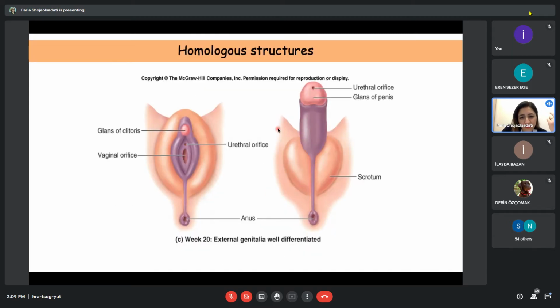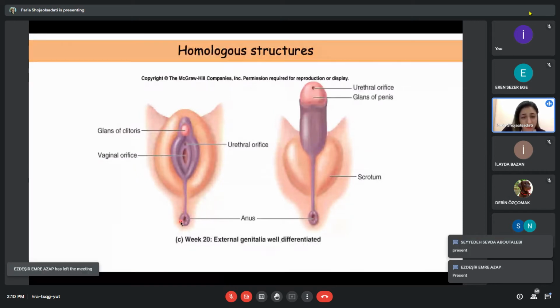The organs are colored with the same color in both pictures. You can compare them, which shows the homologous organs. For example, the anus in male and the anus in female are derived from the same structure.